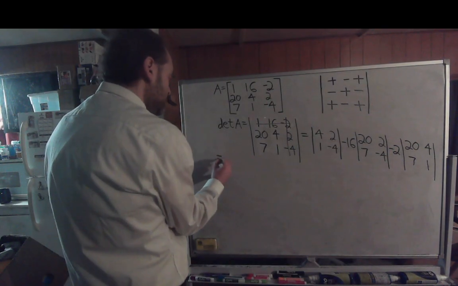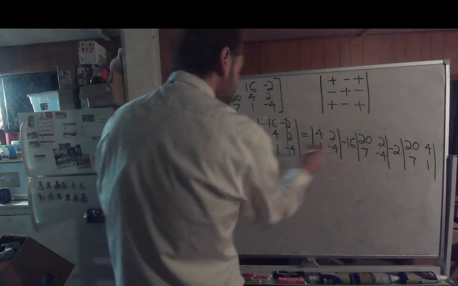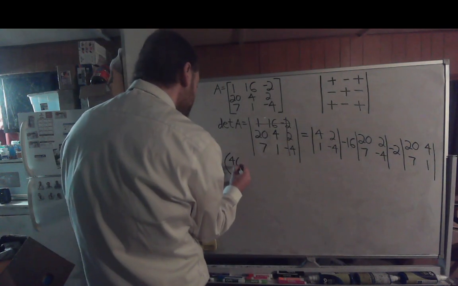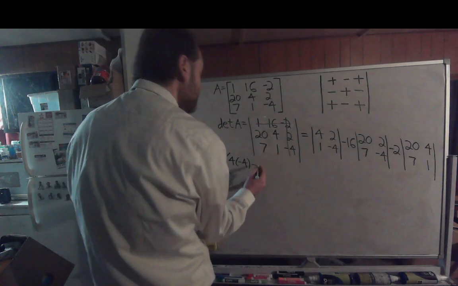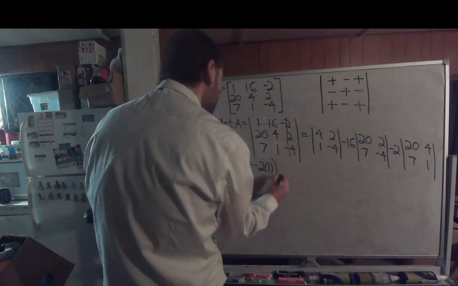So let's see. The first one, 4 times negative 4 minus 2 times 1.